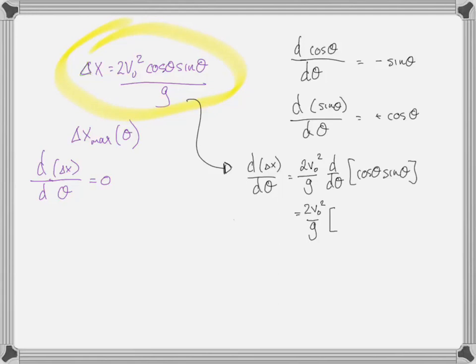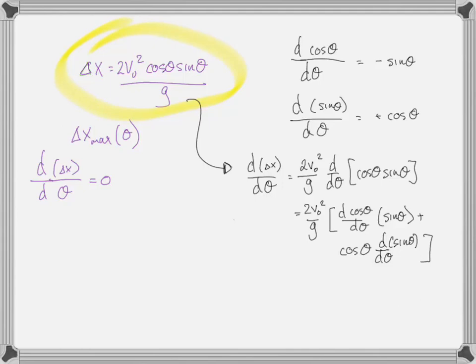This is for when we're taking the derivative of two things multiplied by each other. We take the derivative of the first, d cosine theta over d theta, times the second, and we add to it the first times the derivative of the second. That's the rule for derivatives.